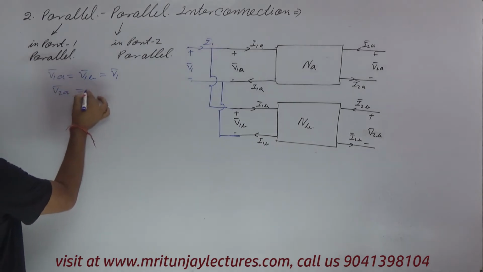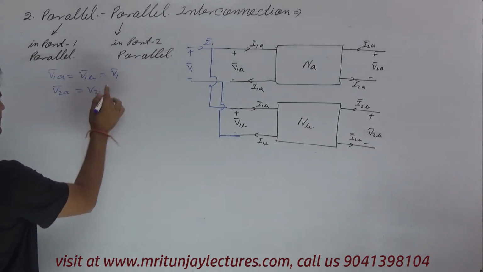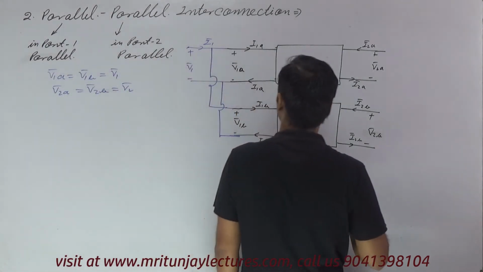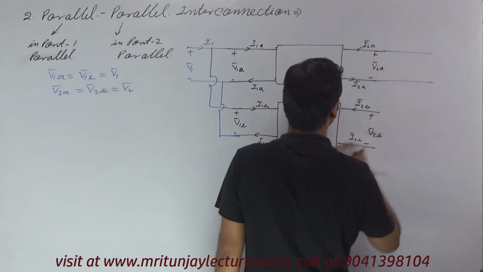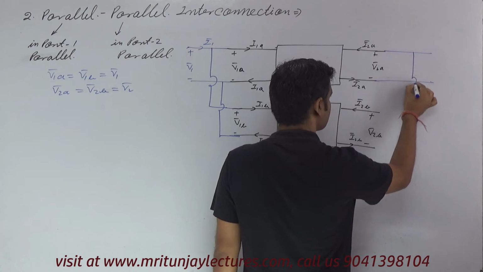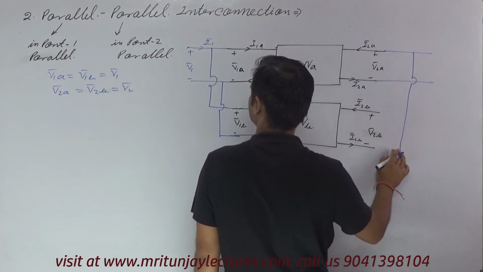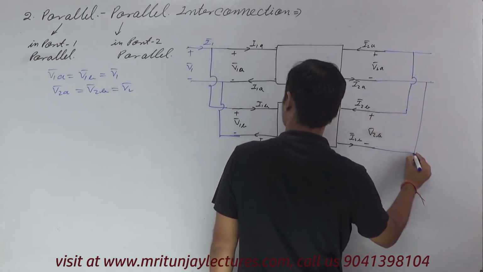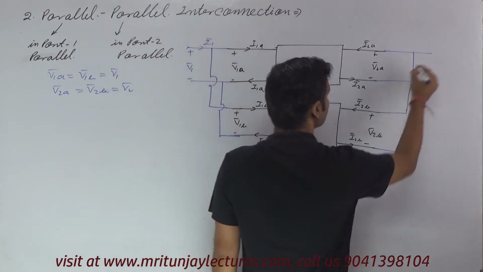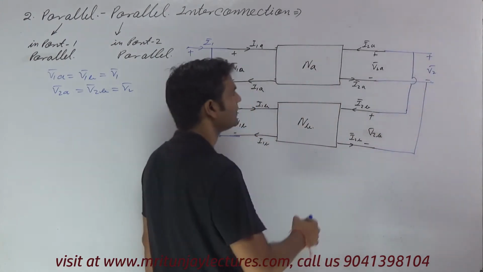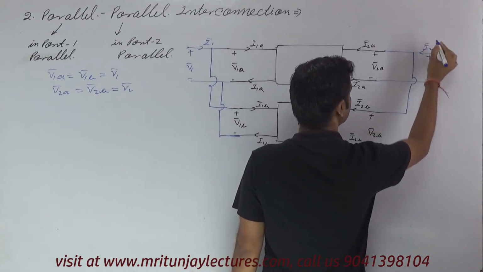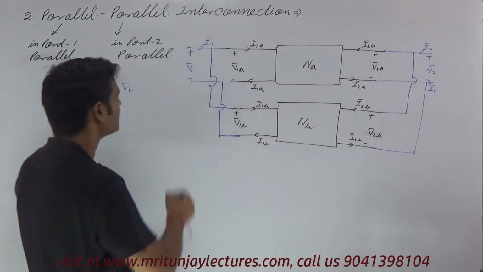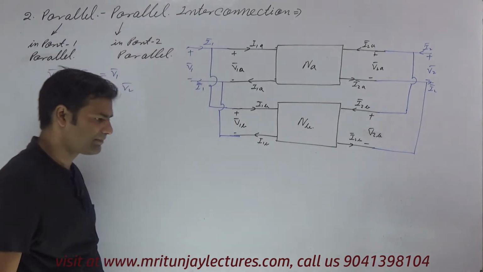Similarly V2A is equal to V2B, which is equal to V2. Okay. Now this one, and that is V2, and here I2, and here I2, here I1. Clear or not?